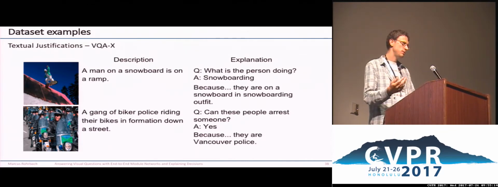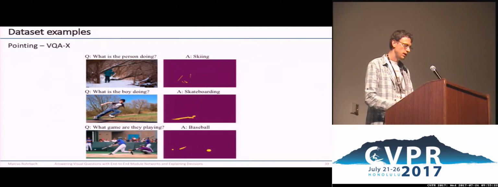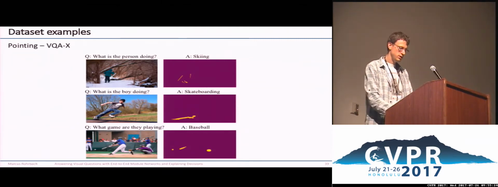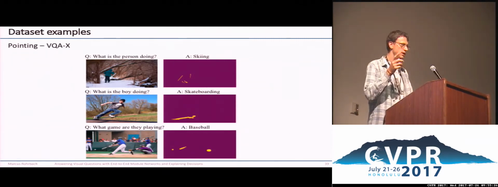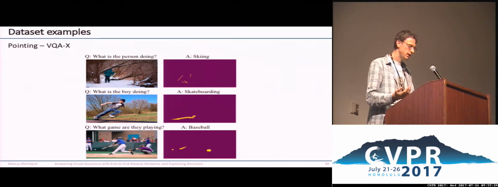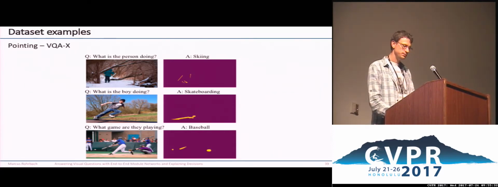Yes, and the explanation is because they are Vancouver police. We also have corresponding ground truths for the pointing task, like pointing where it's skiing, where skateboarding, where baseball, where it is grounded in the image.